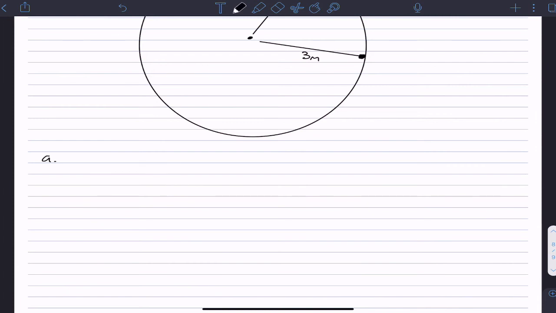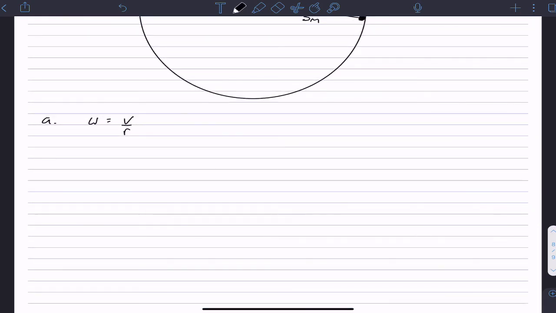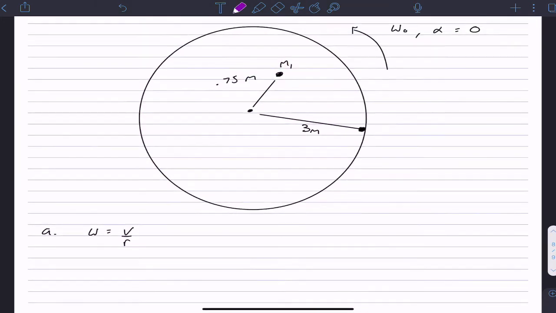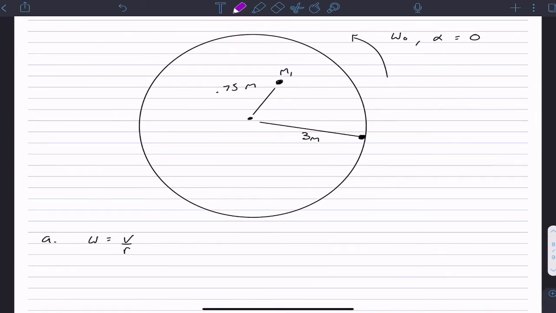Well, we're given a relationship for angular speed, and that is linear speed divided by the radius. The linear speed in this case is the translational speed. We're told that the child at the edge is moving with a translational speed of 12.5 meters per second.